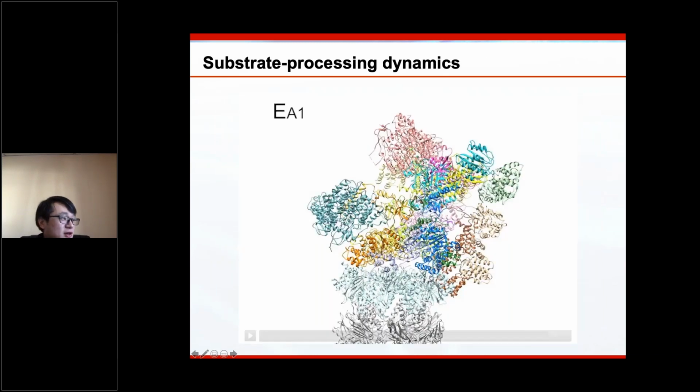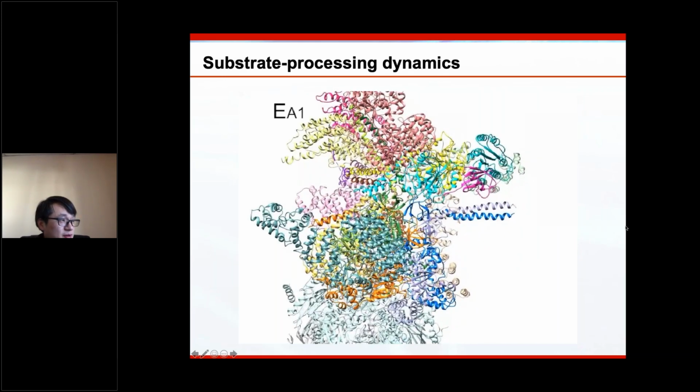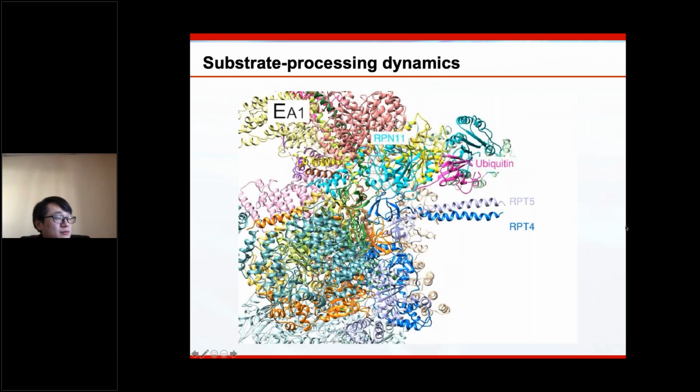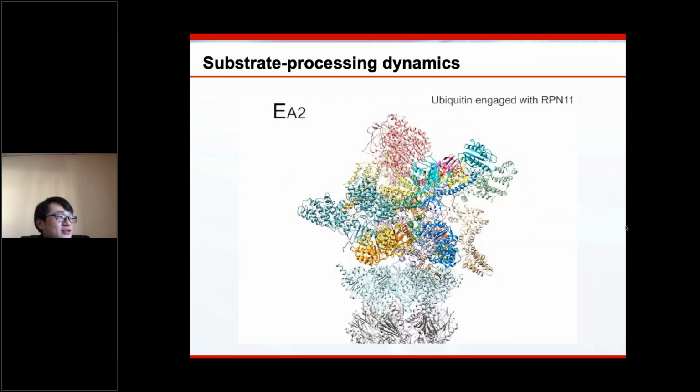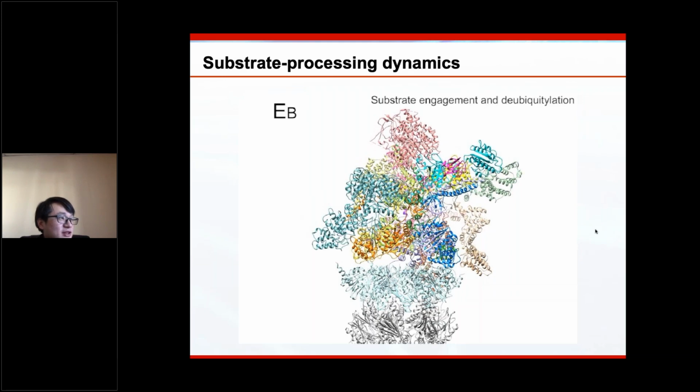So let's look at a movie, to see how these 7 structures look when they are connected together. This movie was not based on molecular dynamics simulation. It's based on 7 cryo-EM structures, just connected into a movie, right? So there's no other simulation done for this movie.